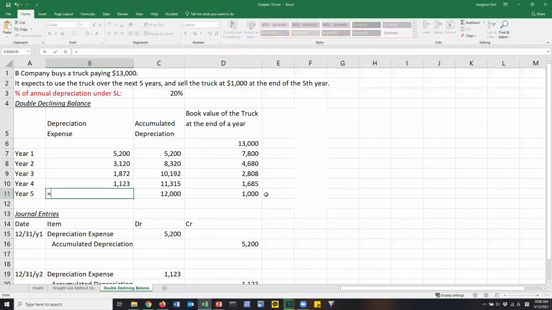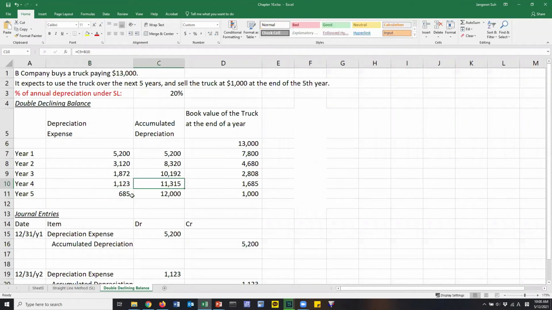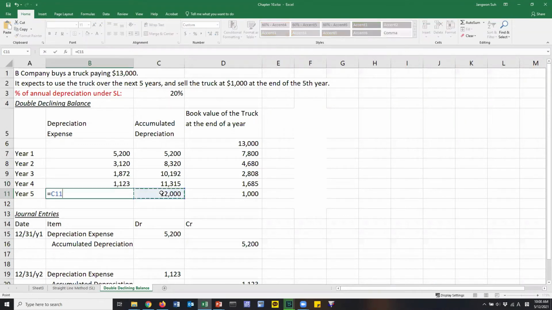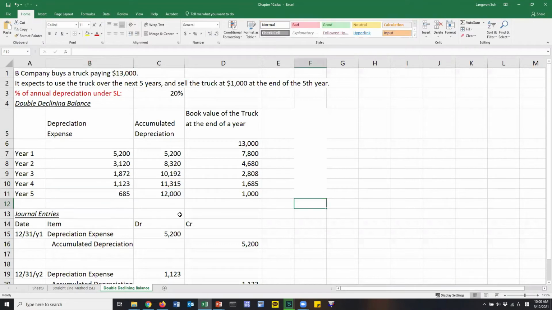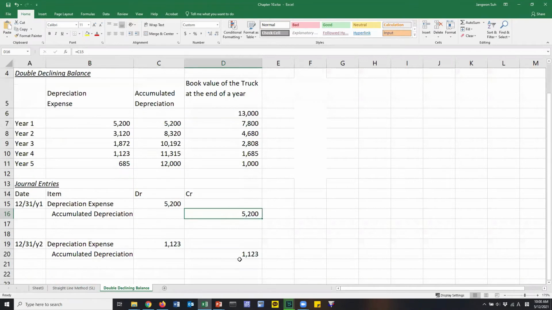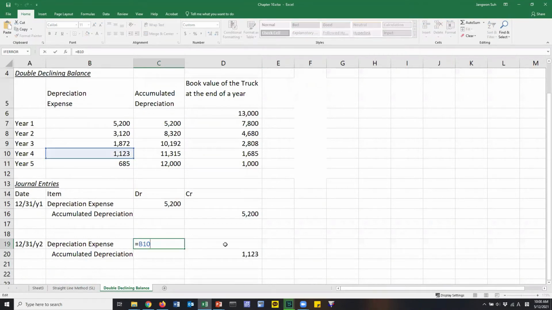We want to depreciate the difference between these two, which is 685, right? Which is the same as the difference between these two. 685.